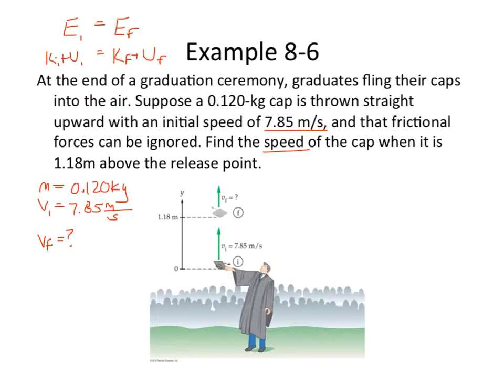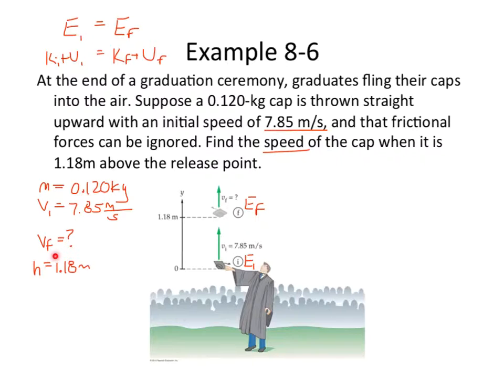I forgot to write down what this 1.18 right here is. That is our height, right? The height that it goes up, 1.18 meters, and that's going to be helpful because we have an energy state here, energy initial, and energy final. One of those types of energies is potential energy, and potential energy is a result of the height.